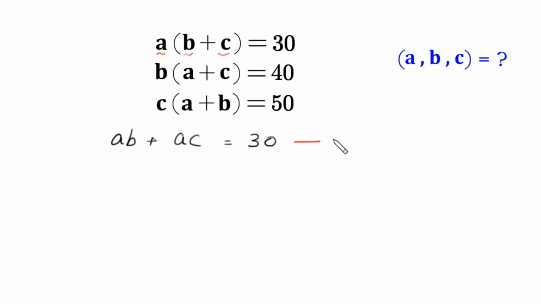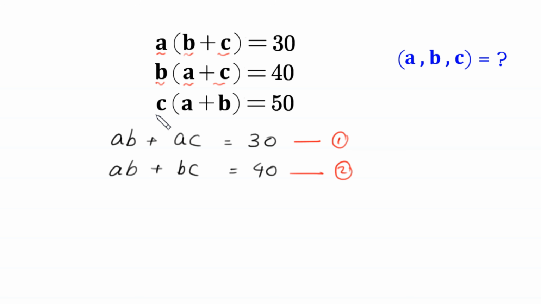We name this equation equation 1. Now we multiply this b by this a and by this c. Then this equation will become b times a, ab, plus b times c, bc, is equal to 40. We name this equation equation 2.